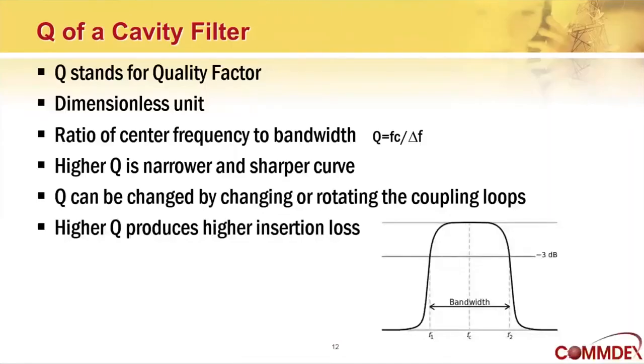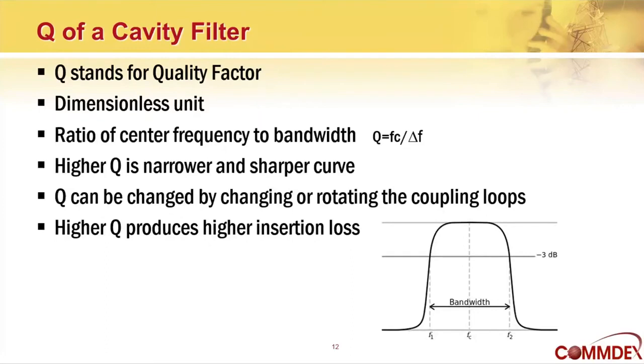You may hear the term about the Q of a cavity filter. Q stands for quality factor, and it describes how selective a bandpass cavity filter is. It's a dimensionless unit because it's expressed as a ratio, which is the center frequency divided by the bandwidth.